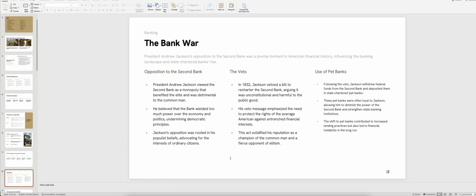This ends up being incredibly bad because then this means that the banks are loyal to the president. And that would mean then that they issue currency in ways that are serving the interests of Andrew Jackson and that they're making loans that are in the interest of Andrew Jackson. So we get a very politicized banking system emerging after the end of the Second Bank of the United States.